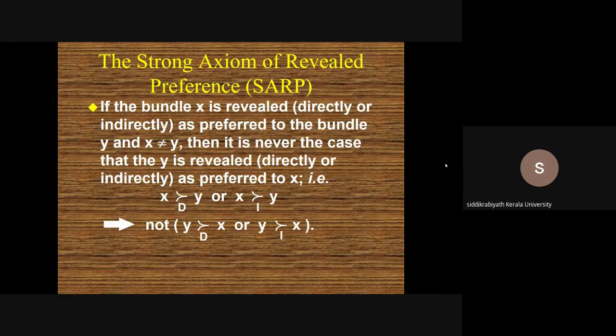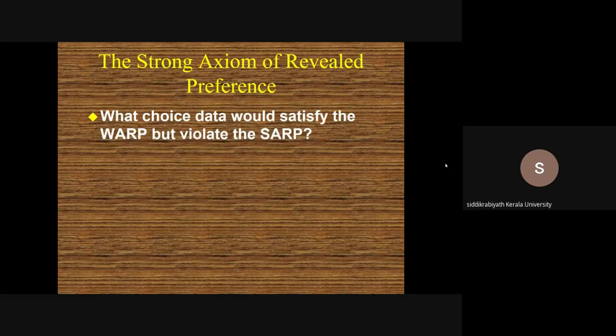That is, x directly or indirectly is preferred to y implies not the case of y being directly or indirectly preferred to x. All right, so this is what the whole exercise means.